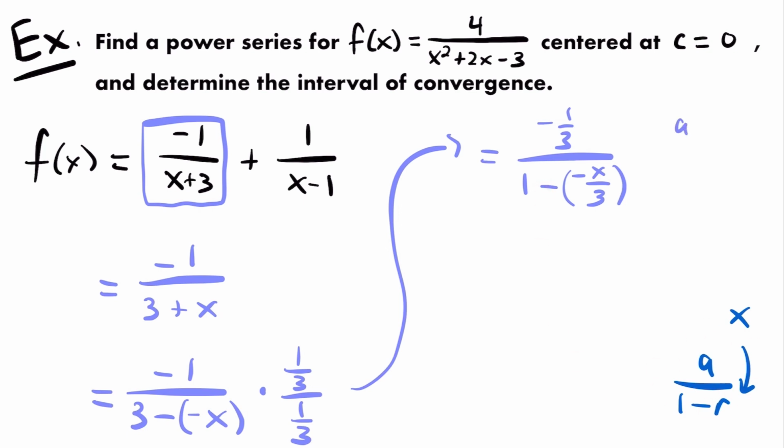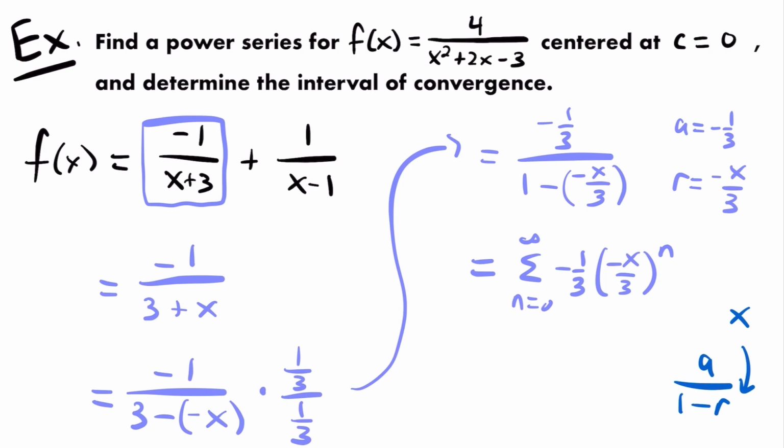In this case, a is equal to negative 1/3, and r is equal to negative x divided by 3. And so we can rewrite this to be the sum from n equals 0 to infinity of a, which is negative 1/3, times r to the power of n, which will be negative x divided by 3 to the power of n. Okay, so now we have a power series for our first partial fraction, and we'll come back to simplifying this later. For now, let's work on the second partial fraction.